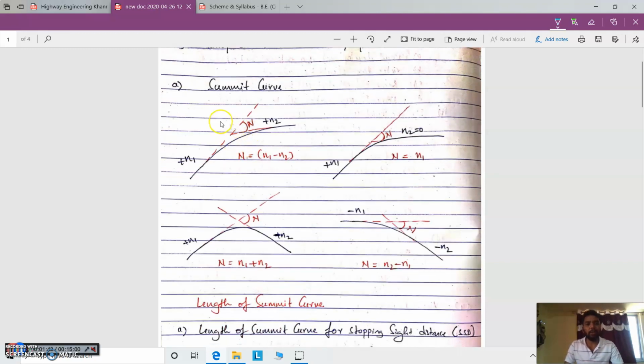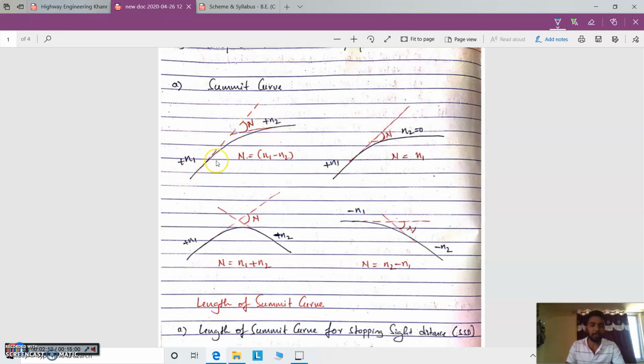So here we have four different types of curves that can be expected on the ground, right? These curves will have a particular deviation angle. This n is considered the deviation angle, and this deviation angle is the difference of two gradients of a particular curve. Say a particular curve has n1 gradient and plus n2 gradient.